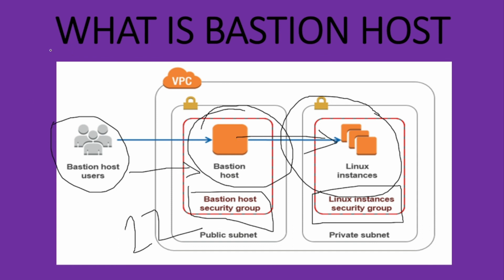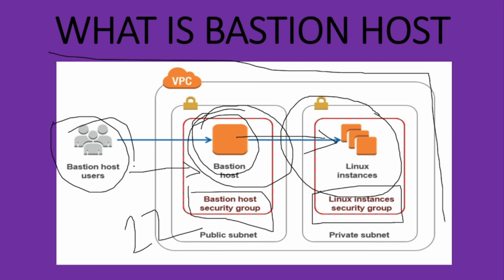This is the whole funda of the Bastion host. If we are sitting in the public subnet, or are part of the public side, how can we actually access the private EC2 instance privately, without going over the internet?